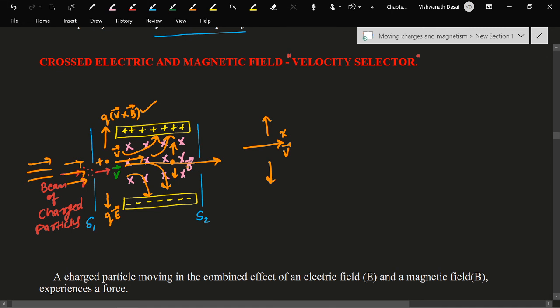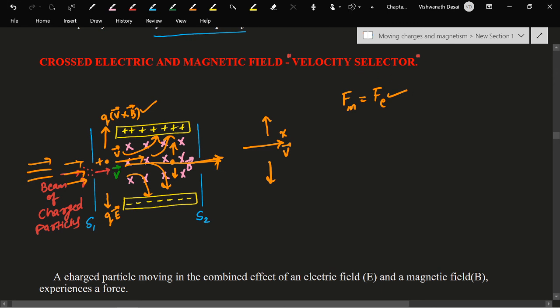So which kind of charged particles are we receiving here? The charged particle for which the upward force, that is the magnetic force, and the downward force, that is the electric force, balance. Then such a particle will not deflect upward or downward, will move straight and will be received. So this is the condition of the velocity selector.